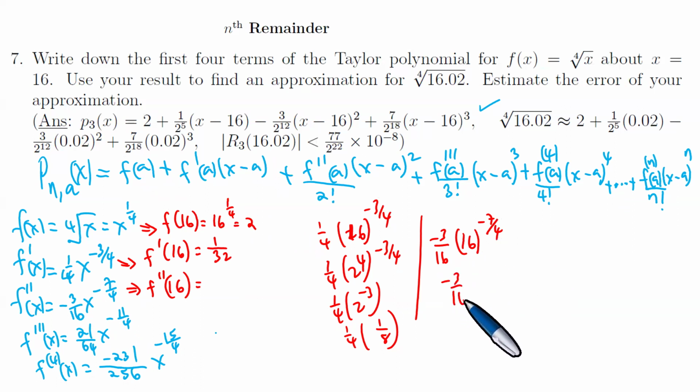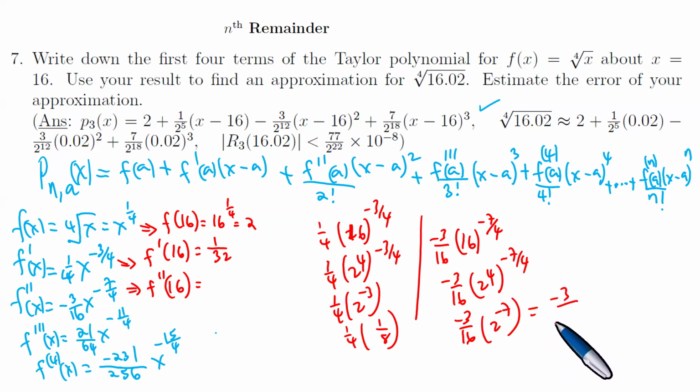So then you have this one, the 16 is 2 to the power 4. And then this one cancels, and then you have this one. The 4 cancels, which is 2 to the minus 7. What is 2 to the minus 7? 3 over 16 is 2 to the 4, 2 to the 7. And then it is minus 3 over 2 to the 11.